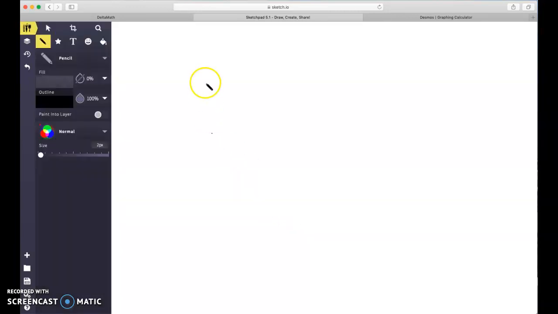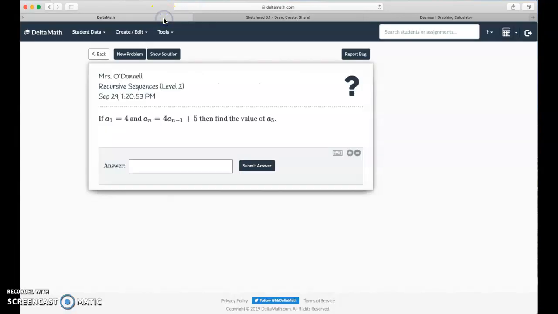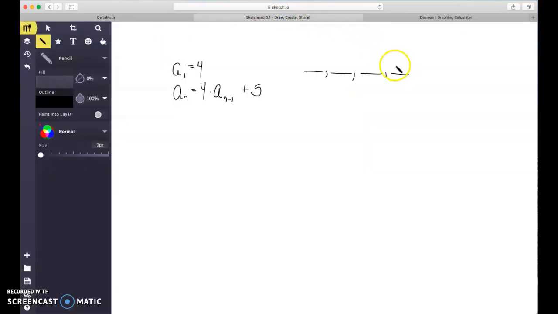My recursive formula is a sub 1 equals 4, a sub n equals 4 times a sub n minus 1, which we know just means times the previous term, plus 5. And they want us to find the first 4 terms, right? 1, 2, 3, 4. Let me just double check, hop over to Delta Math. Oh, 5 terms. Excuse me. They want us to find the first 5 terms.